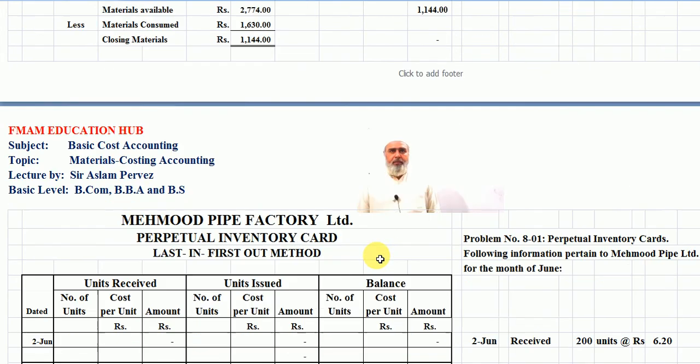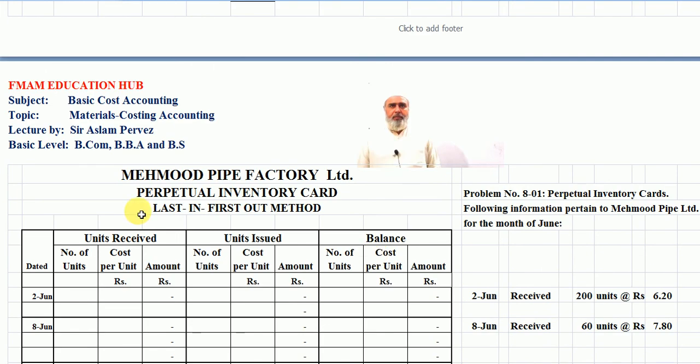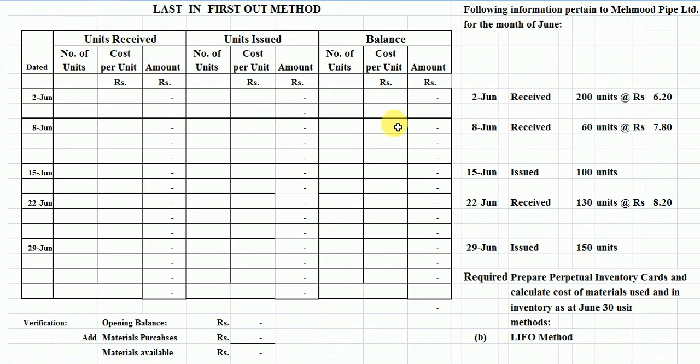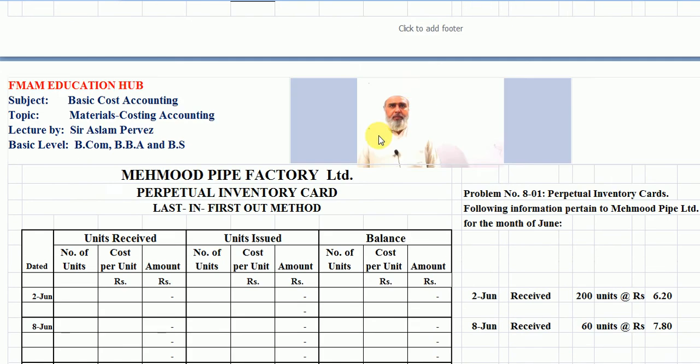Students, this is our second method, last in, first out. The question is the same, but the method is different. Firstly we will explain the meaning of the LIFO method. LIFO means last in, first out method.